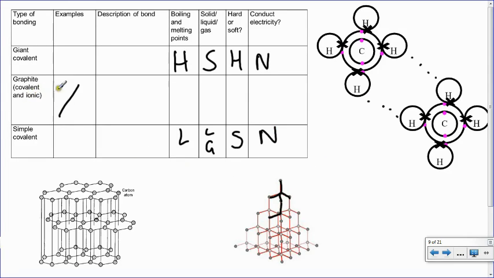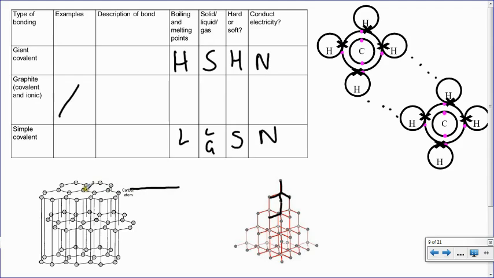Graphite, well there's only one graphite, but you might get a big 5 or 6 mark question on this, and we'll go into quite a lot of detail on this. The description of the bonding, we'll just do it really briefly here. You've got these sheets which are kind of like layers with very strong covalent bonds.